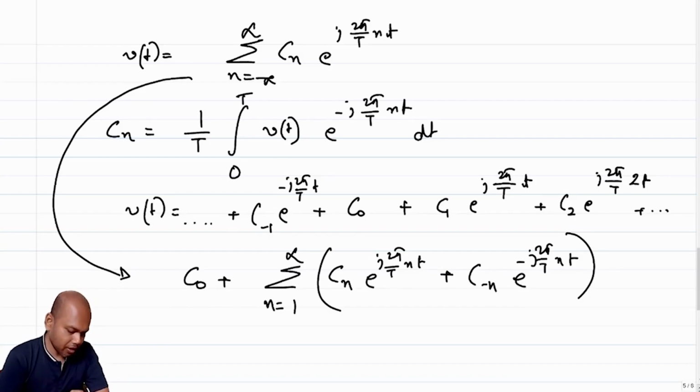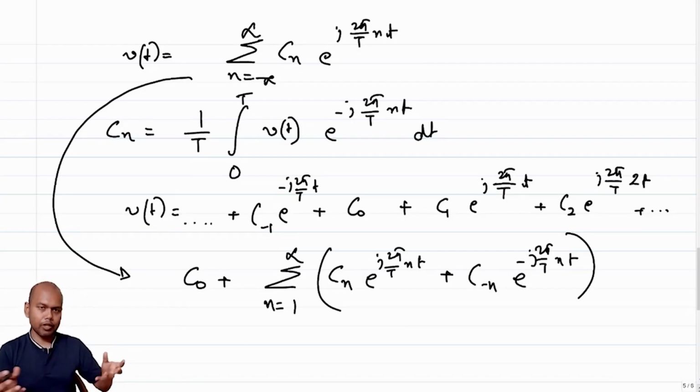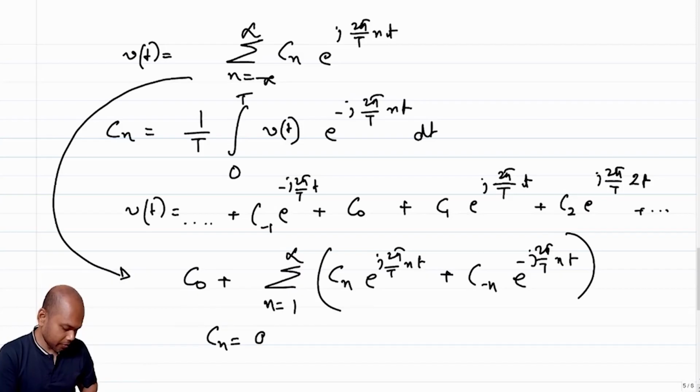Now, if Cn is a complex number, it can be broken down into an plus j bn, and similarly C minus n can be reduced to an minus j bn.